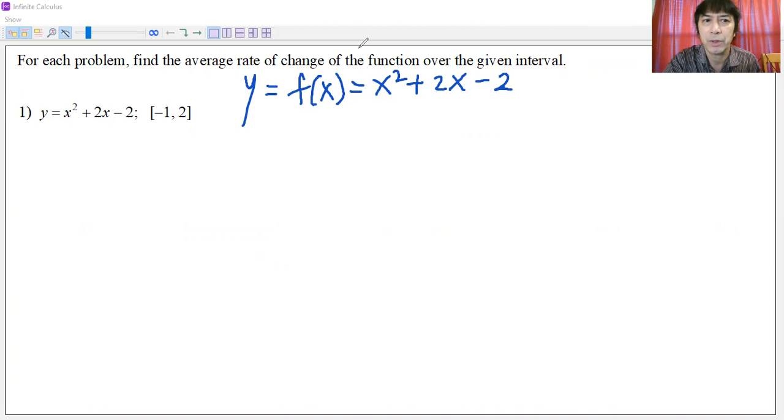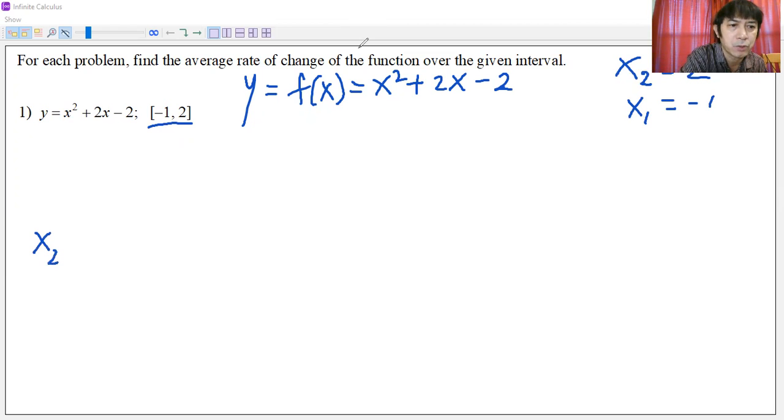So our interval is -1 to 2. And that makes x1, let's begin with the higher, our x2 is 2, and our x1 is -1. We shall write it over here. x2 is 2, and x1 is -1.